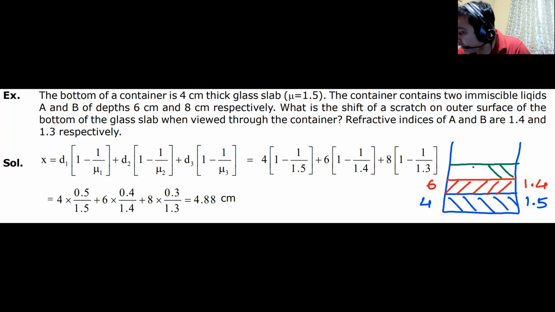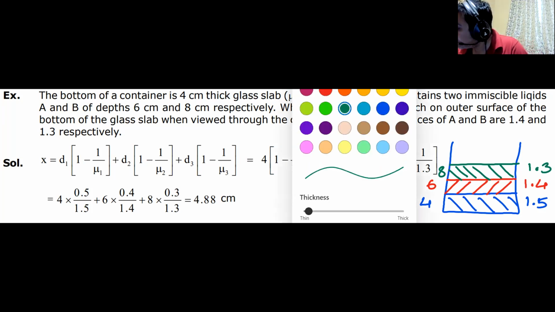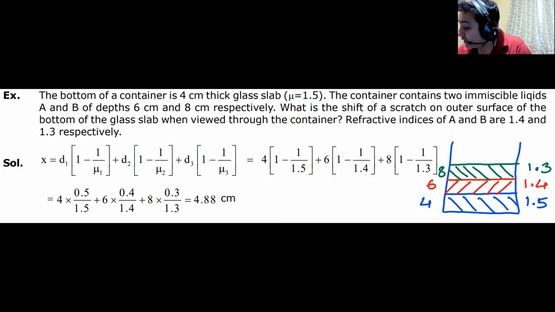The third layer is the liquid B. The depth is 8 centimeter and refractive index is 1.3. Do we understand this? Yes, sir. Now I have a scratch mark here. This is the scratch mark, and I am going to observe it from here. Do we understand this? Yes, sir.